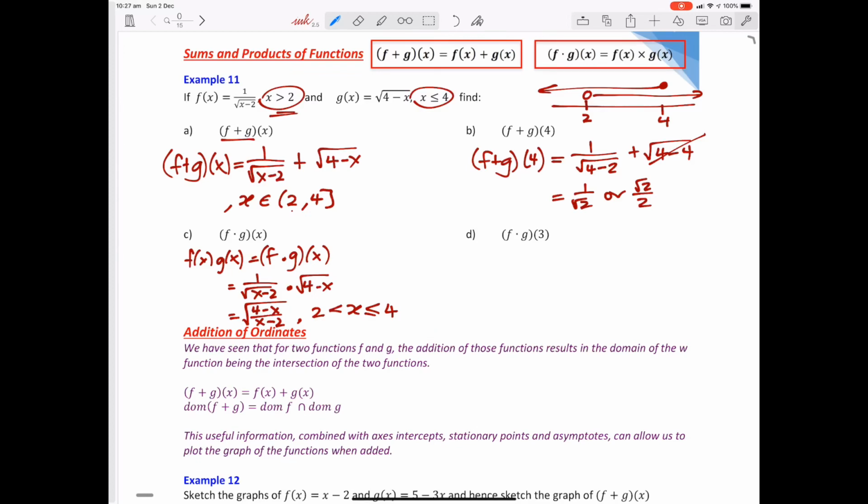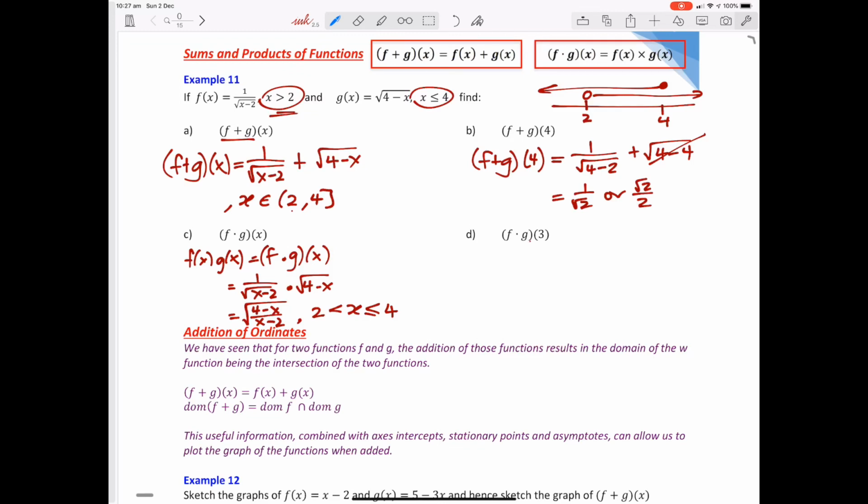So whether it's multiplying or adding, our domain is where the two domains cross over. Later on, like you'll see with fogs and goffs, it's a little bit different.